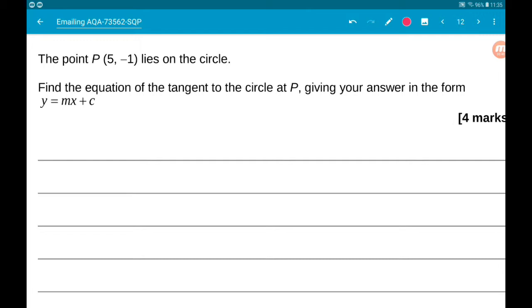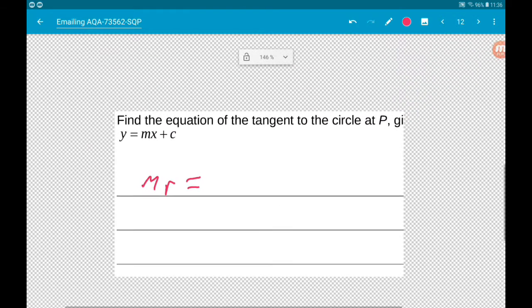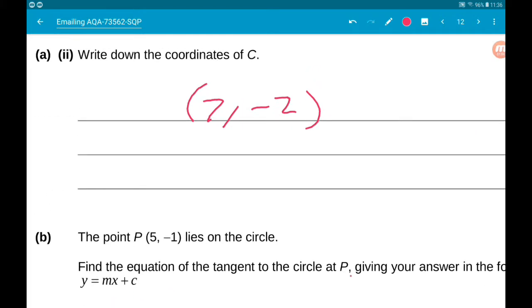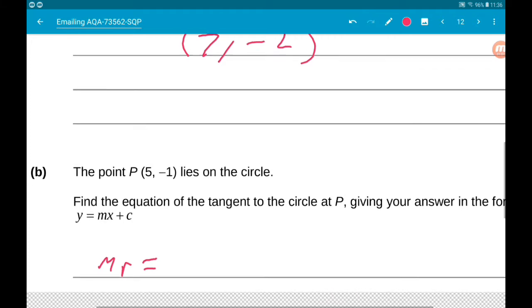So, first up, the gradient of the radius, which I'm going to call m_r. Gradient is difference in y over difference in x. The radius is the line joining the centre to the point P. So, our centre coordinates were (7, −2).